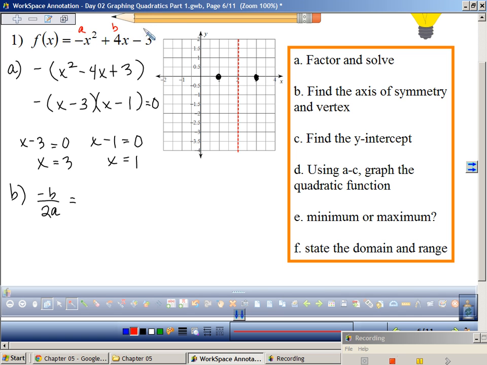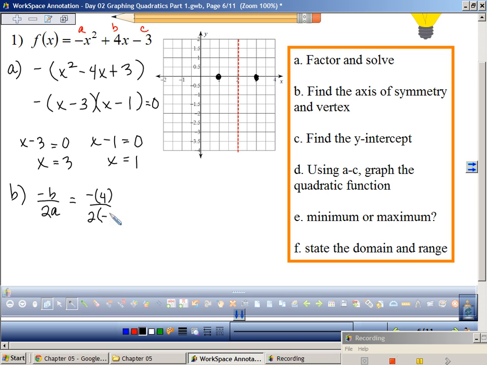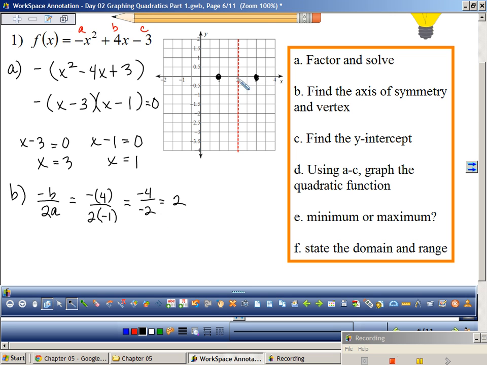Here's b. Here's c. So negative b would be negative 4 over 2 times negative 1, which is negative 4 over negative 2, which is positive 2. So that's my axis of symmetry right there. We could already see it before we found it.